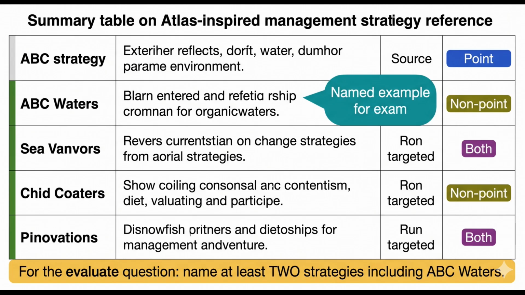Vegetated buffer strips, belts of vegetation alongside waterways, intercept agricultural runoff before it reaches the water body. For the Evaluate question, you must describe at least 2 strategies, and ABC Waters must be named. Choose your second strategy from industrial regulation or sewage treatment infrastructure.